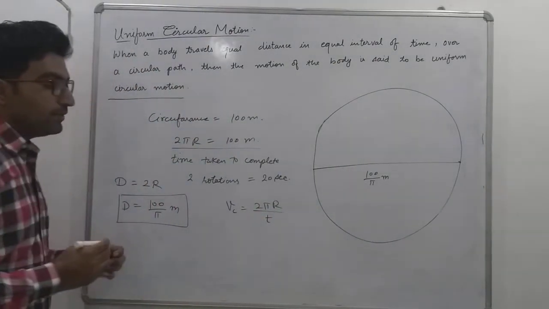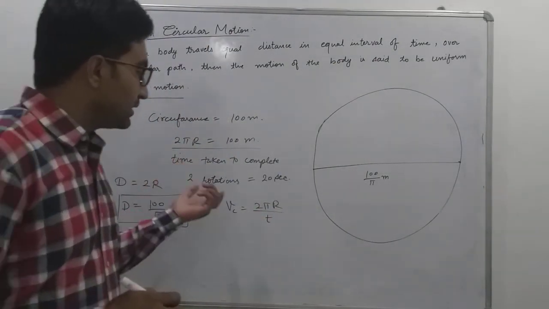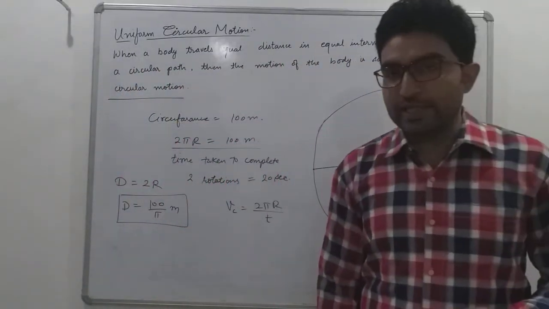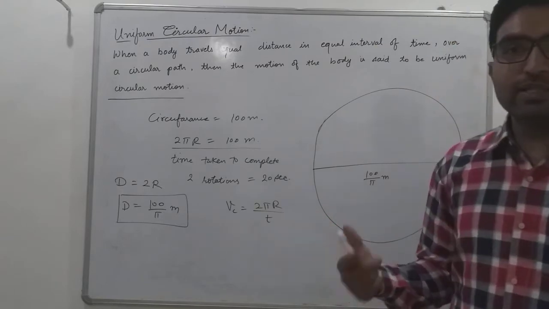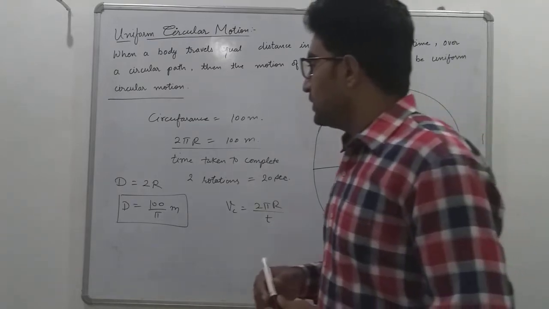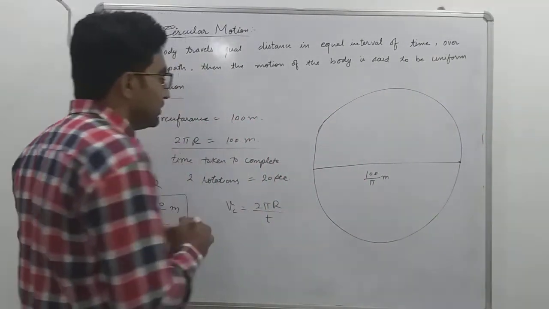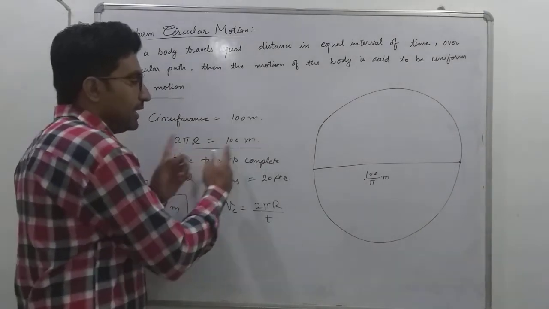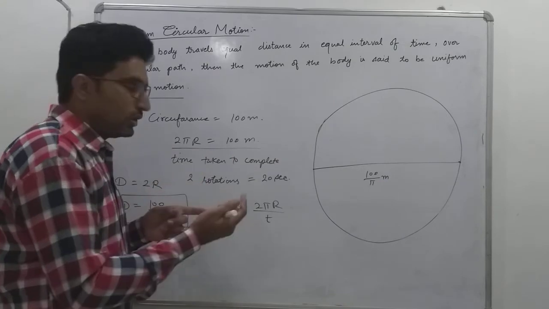We are given that the athlete completes 2 rounds of the circular track of 100 meter in 20 seconds. If we take the case of one round, then one round will be equal to 100 meter and 2 rounds will be equal to 200 meter.